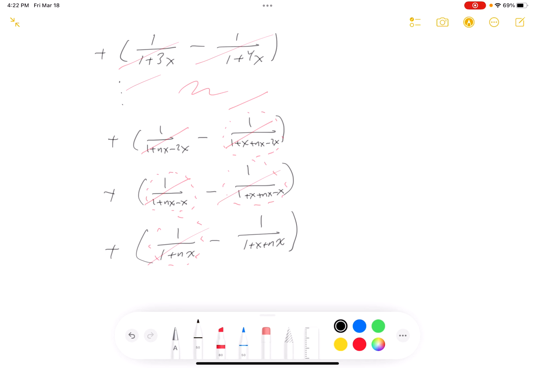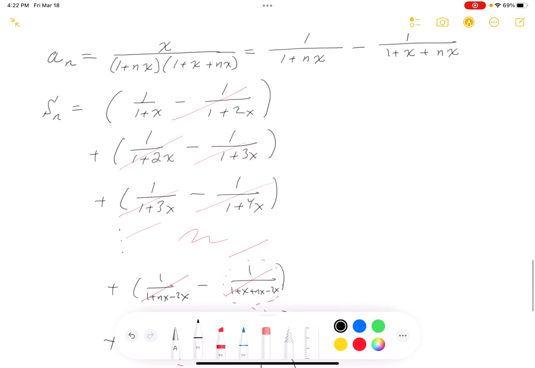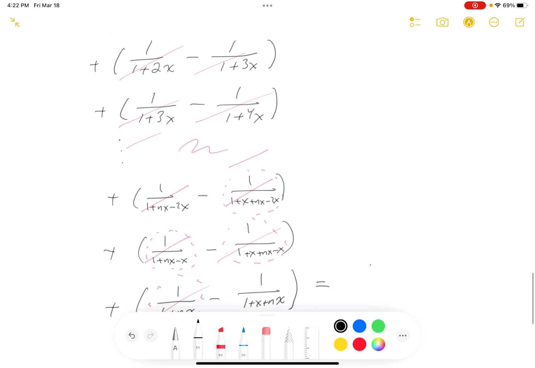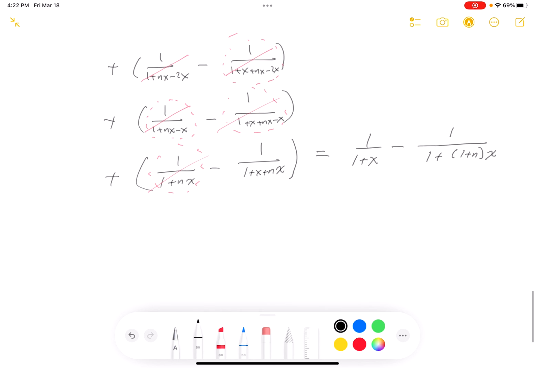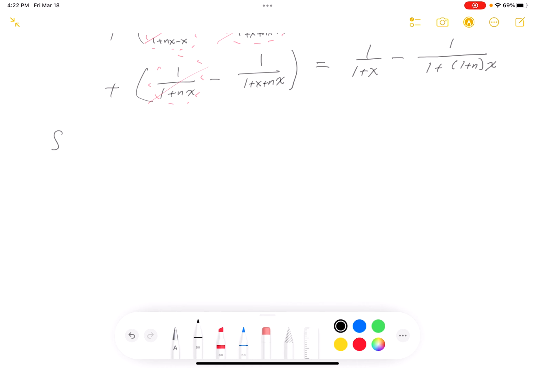So what are you left off with? Something pretty simple. Let's write it down. You're left with 1 over 1 plus x minus 1 over 1 plus, I'm going to factor the x out now, so it's going to be 1 plus nx. Right? This is Sn. Let me write Sn down for you.